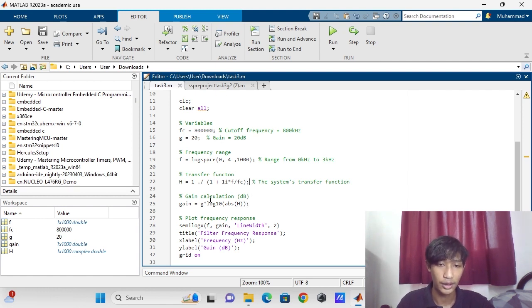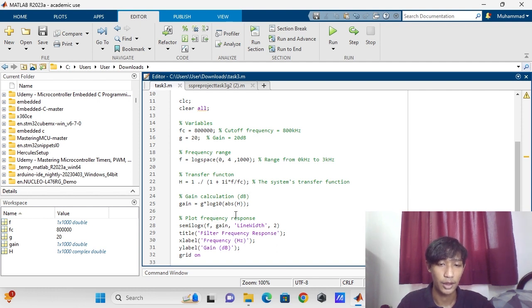After that, we calculate the gain in dB. As you can see, G multiplied with log10 of the absolute value of h, where h is our transfer function, and we assign the result into the gain variable.